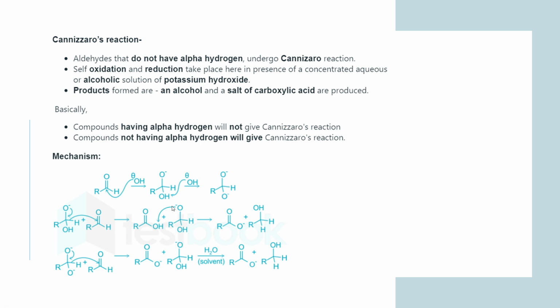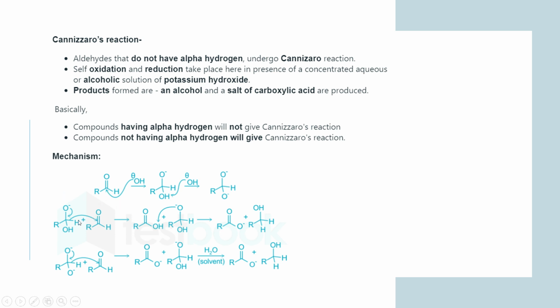No, by mistake I have told you that. Compounds having alpha hydrogen will not give you Cannizzaro reaction. What happens when you have alpha hydrogen, you can expect aldol condensation in turn under similar reaction conditions.